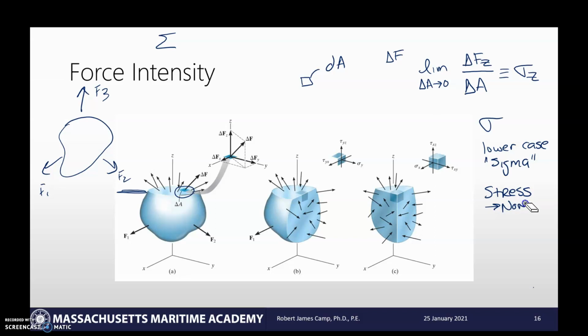Why am I calling this the normal stress? Well, if we go back and look at our cut, there's our cut. We're looking at the z direction with respect to that cut. That is normal to that z plane. So that is our normal stress. And so this is a kind of a way to look at the intensity of a stress in an object.